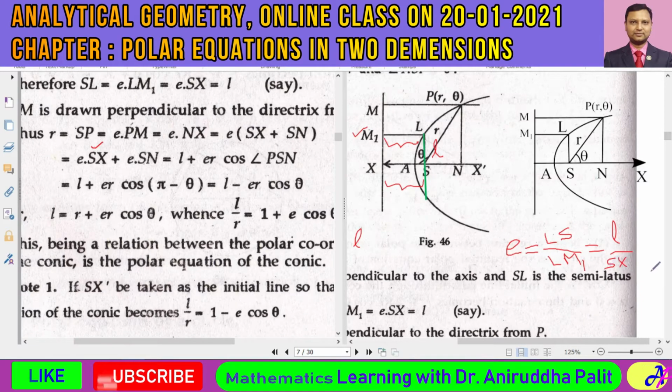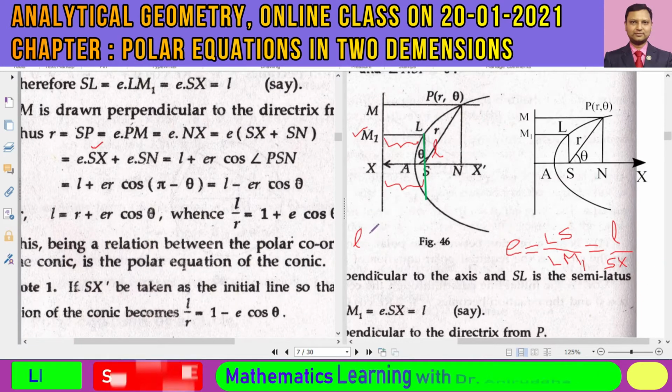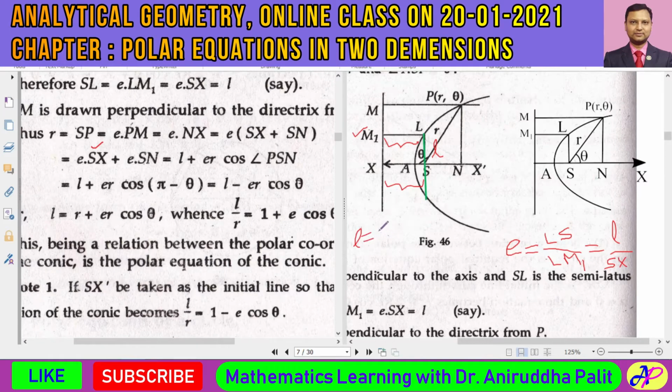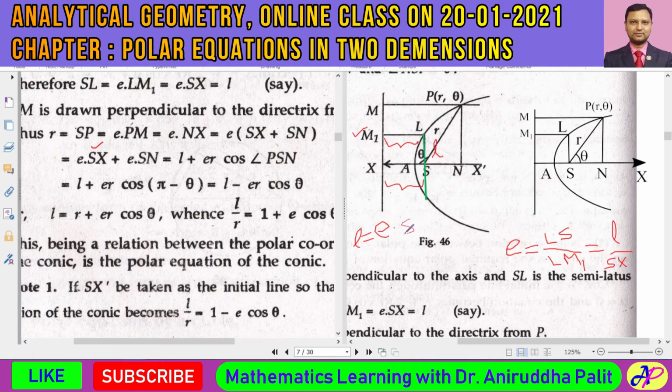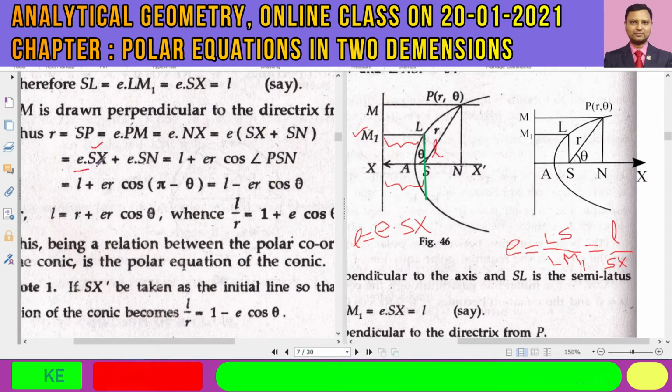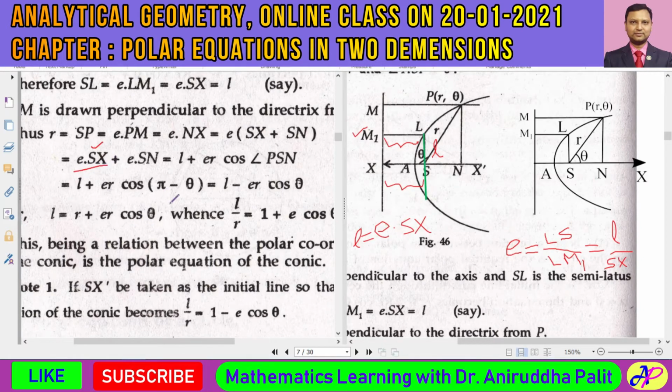And then what is L? This L should be equal to E multiplied by this much distance Sx. Clear? And therefore over here you see we have an expression of E into Sx.